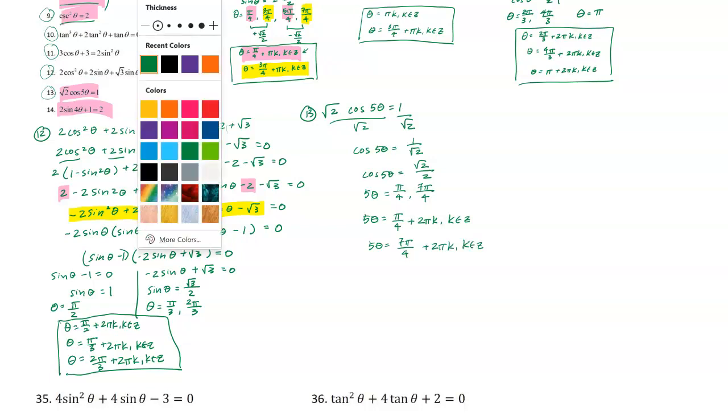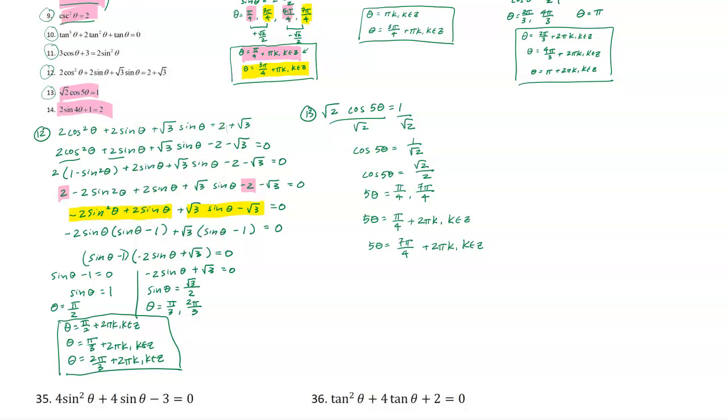And then I can multiply this by 1 over 5, and I can multiply that by 1 over 5, 1 over 5, and 1 over 5. So I get theta equals pi over 20 plus 2 pi over 5 k, k is an element of all integers.